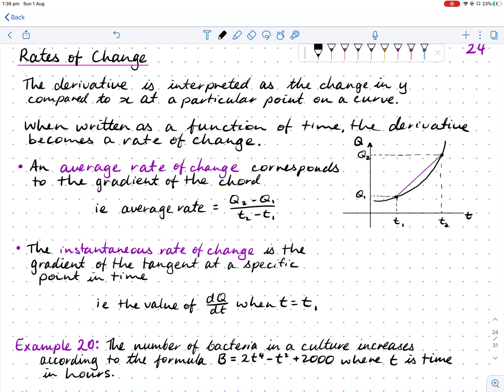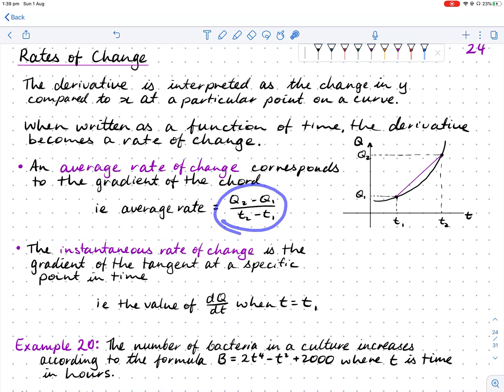If I want to find the average rate of change, I've picked 2 points here, so from here to this point here, so across this amount of time, the amount of this substance is increased by that much. If I want to find the average rate of change, I want to find what the gradient of that chord is. So of that straight line, what is the gradient?